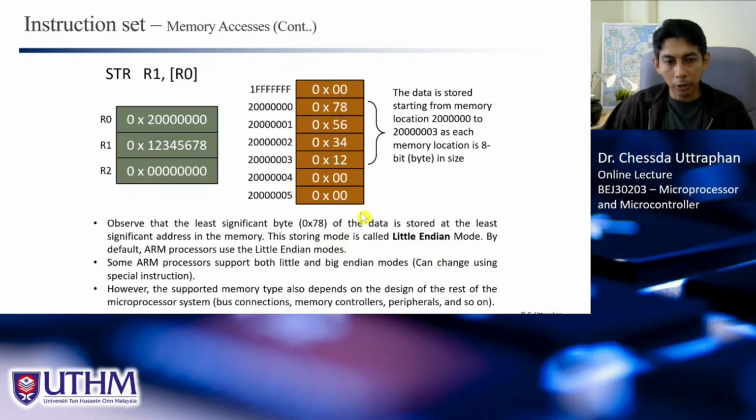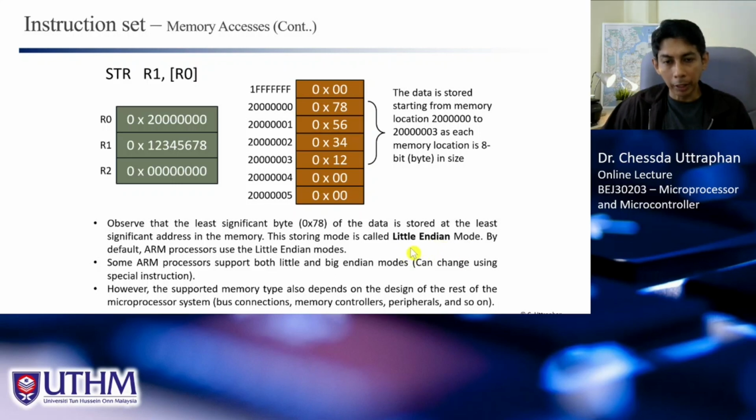In the ARM microprocessor, we call this storing mode little endian mode. All right. So there are two types of storing data in memory. First is little endian, and the second one is big endian mode.